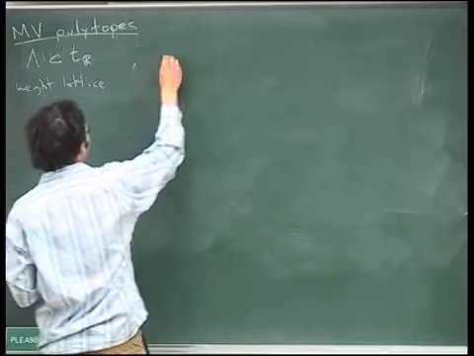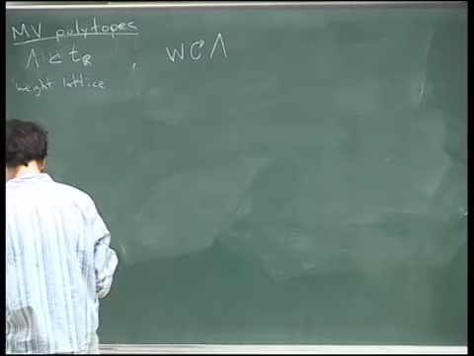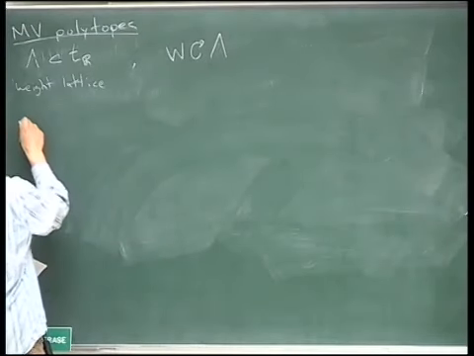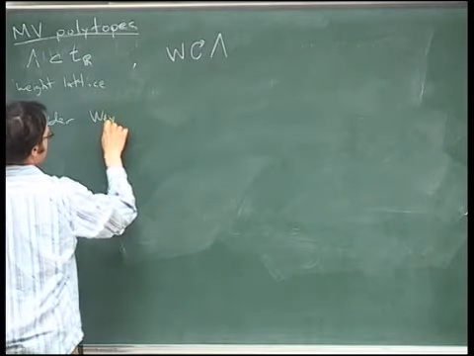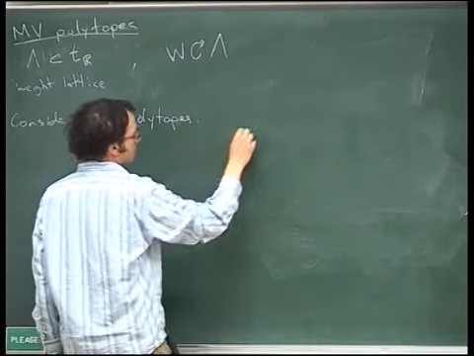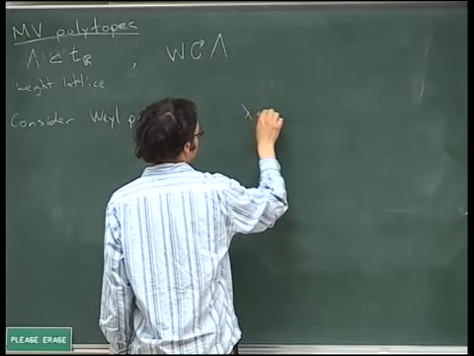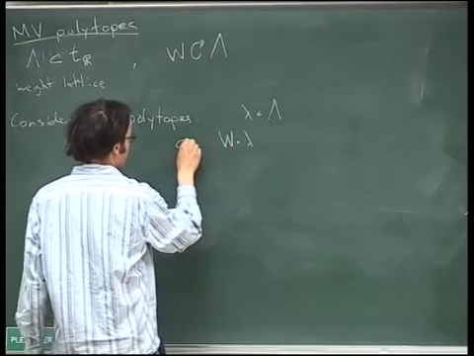And we have the Weyl group acting on our weight lattice. And we can consider Weyl polytopes, which are, you take some weight, look at the Weyl orbit of that weight, and take its convex hull.